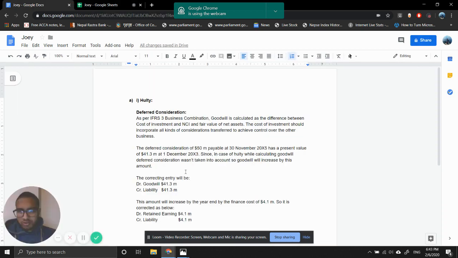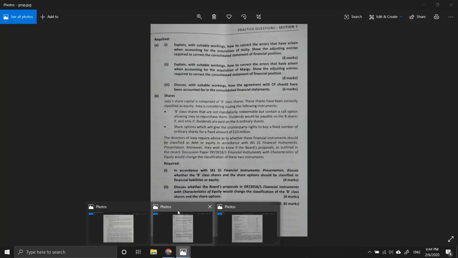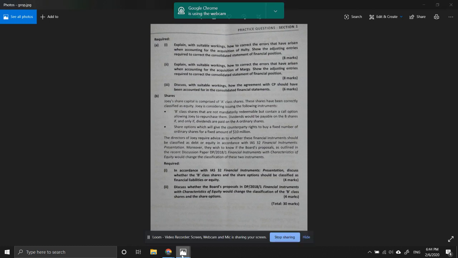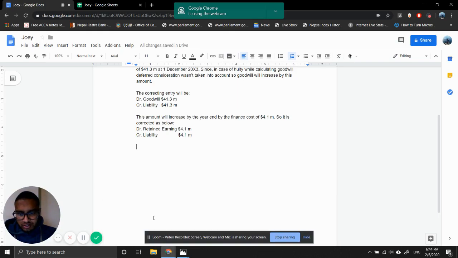Okay, so let's have a look at this first of all. So let's write it down. Net assets, not net assets, it is about intangible asset, right? So it's about franchise right. Okay, so what has basically happened is that the fair value has gone up, right?